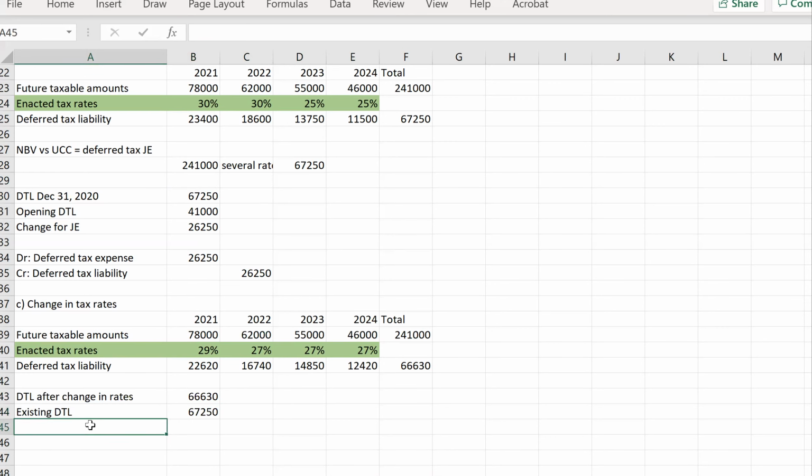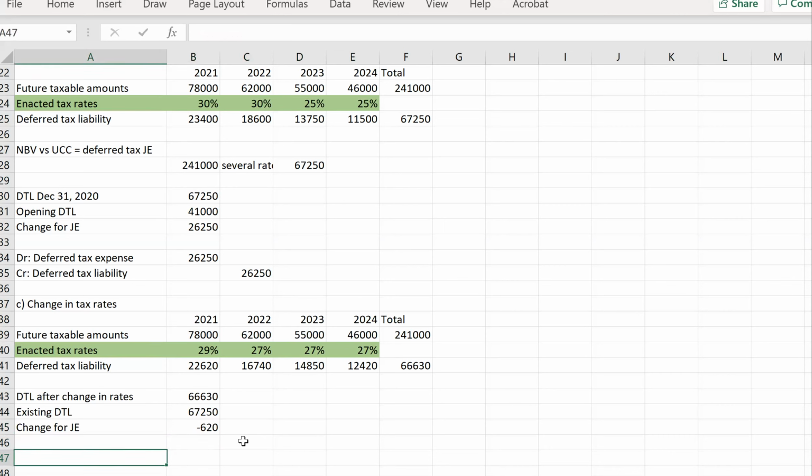So the change required is going to be the difference between these two things. So it makes sense. Our future tax liability should go down because the rates have moved, so we have to pay less future tax. So we're going to make an adjustment for $620. That's saying that we're going to pay $620 less than we thought in the future because the tax rates went down.